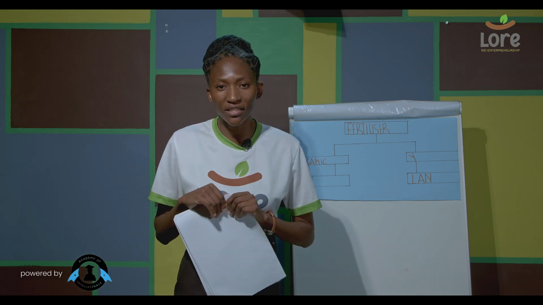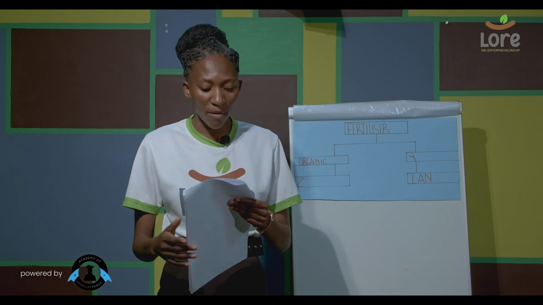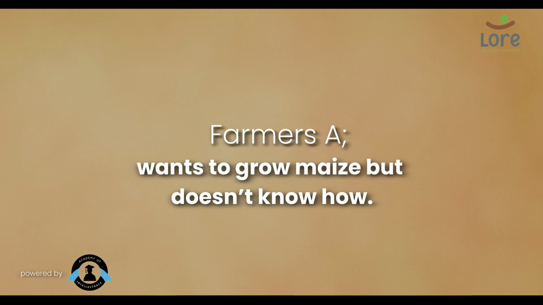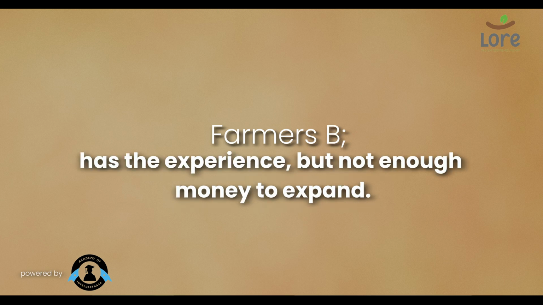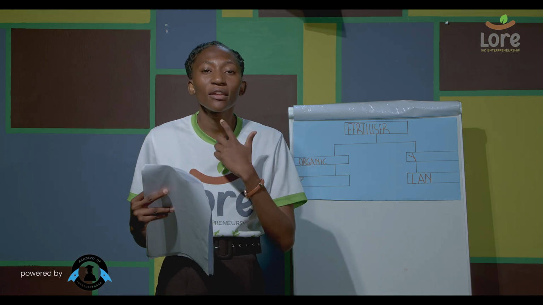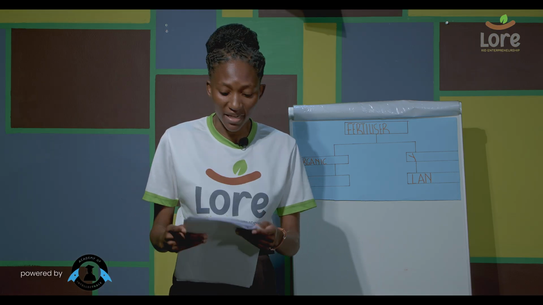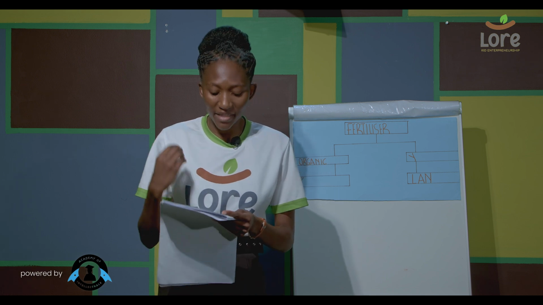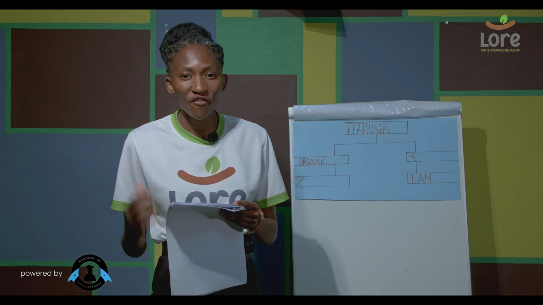Firstly, it is important that we look at both farmers. Farmer A wants to produce maize but doesn't know how. Farmer B says producing maize is easy, but doesn't have the money or the loan to expand the business. So what advice can you give to both farmers?